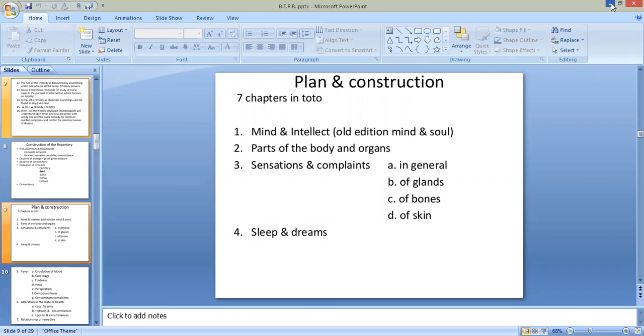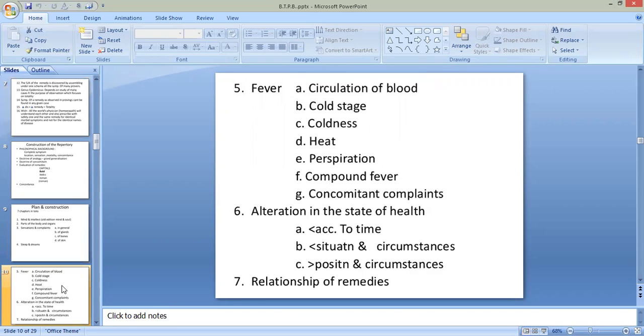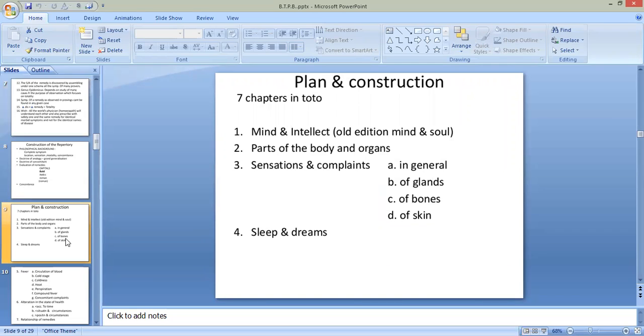As there are 7 sections: the first section is mind and intellect, second is parts of body and organs, third is sensation and complaints, fourth is sleep and dreams, fifth is fever, sixth is alteration in state of health, and seventh is relationship of remedies.